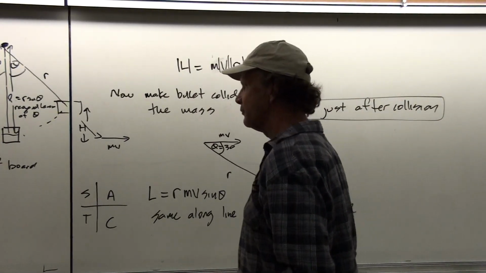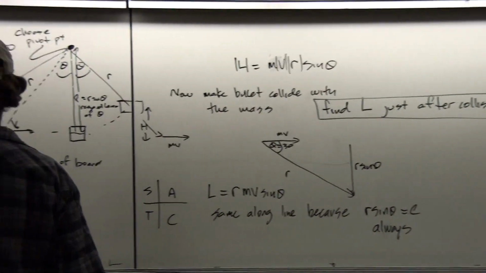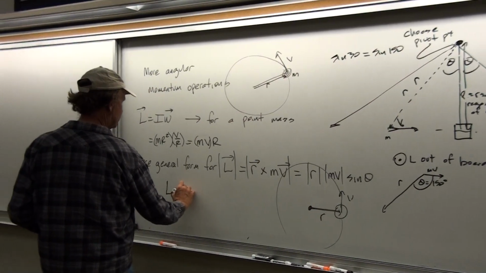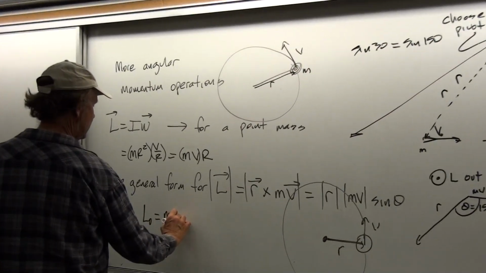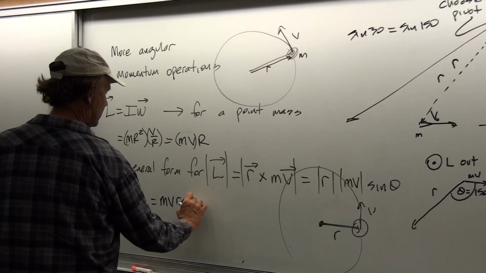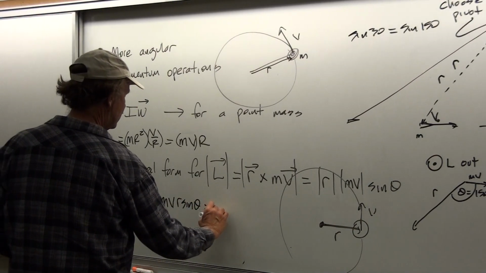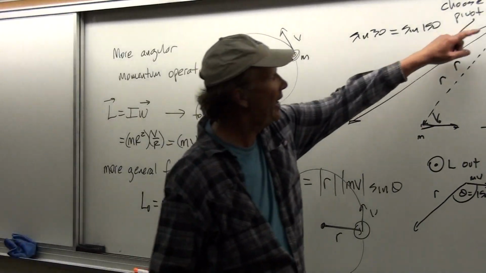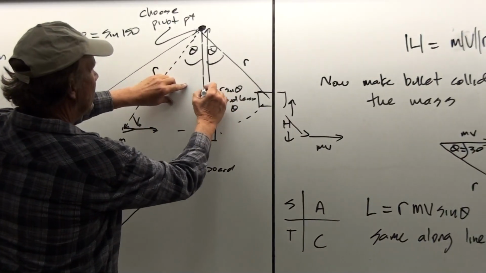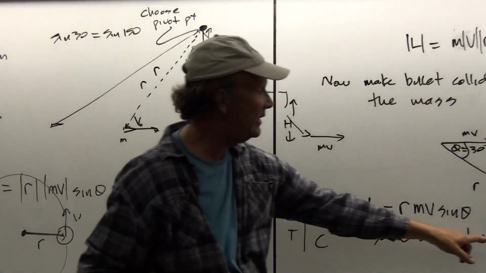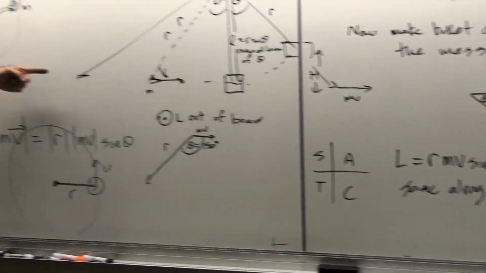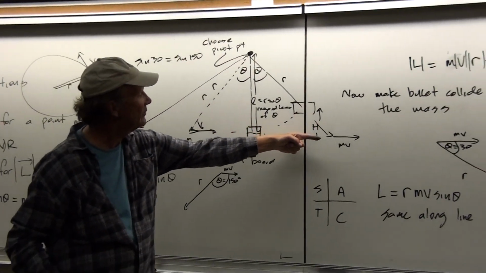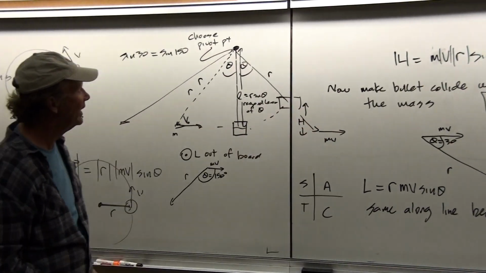How do we do that? Well, we have L before now. L before is just equal to mvr sine theta, but that's just equal to mvl. Why? Because L, this distance here, is always r sine theta. So that means that regardless of where the bullet is along its path, if it didn't hit something, it would still be the same way out there.